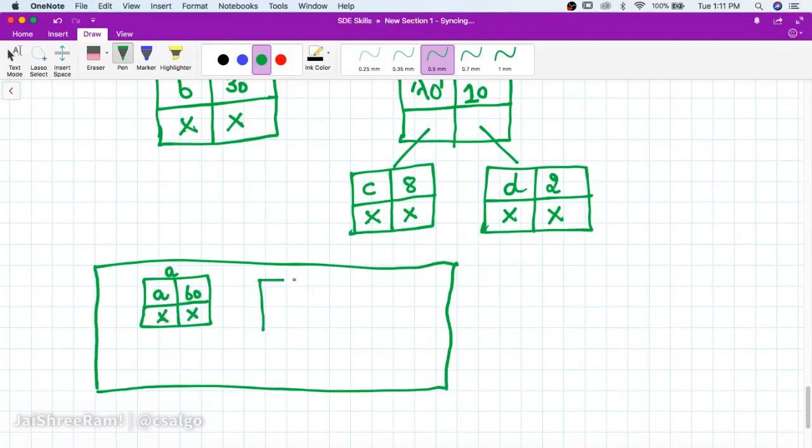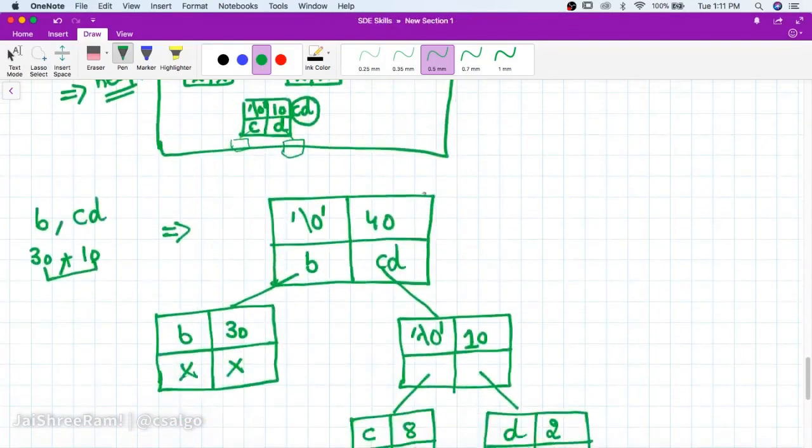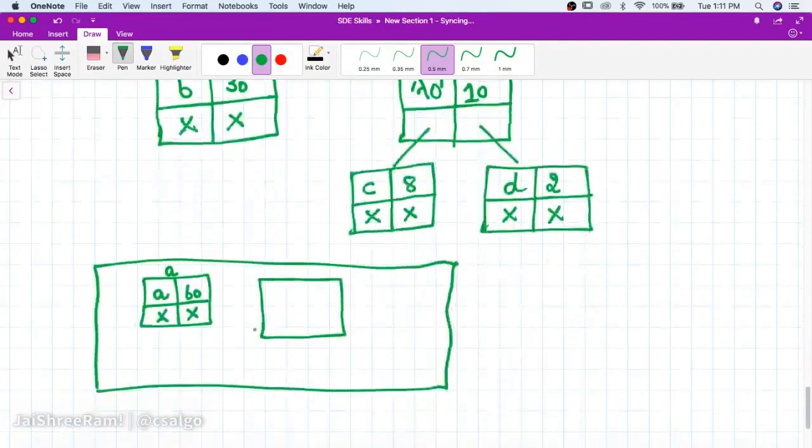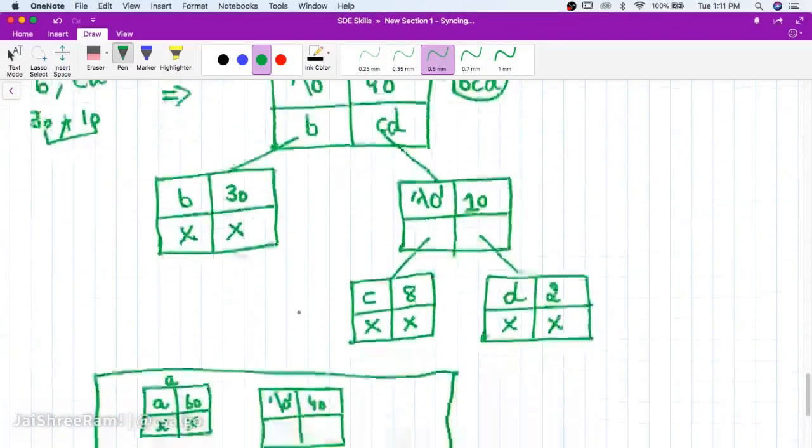And the other will be this node, let's call it BCD, a combination of B, C, and D. This entire node has a null character, and its cost is 40.